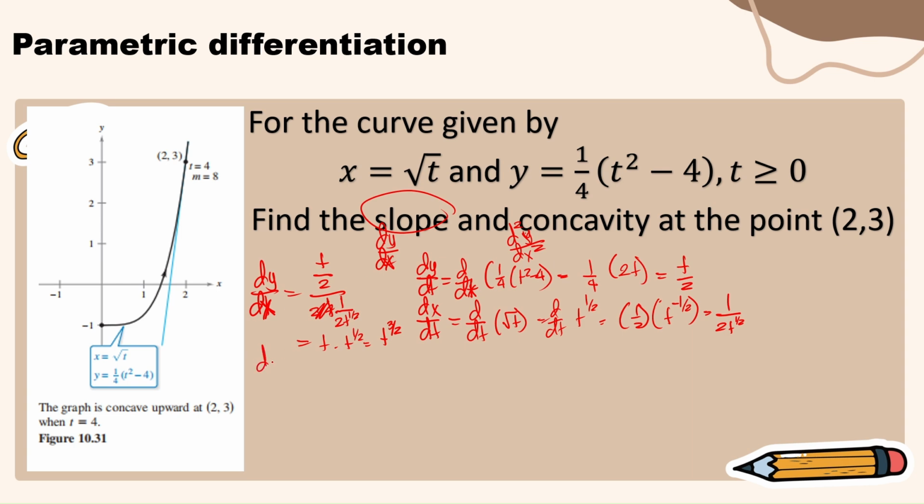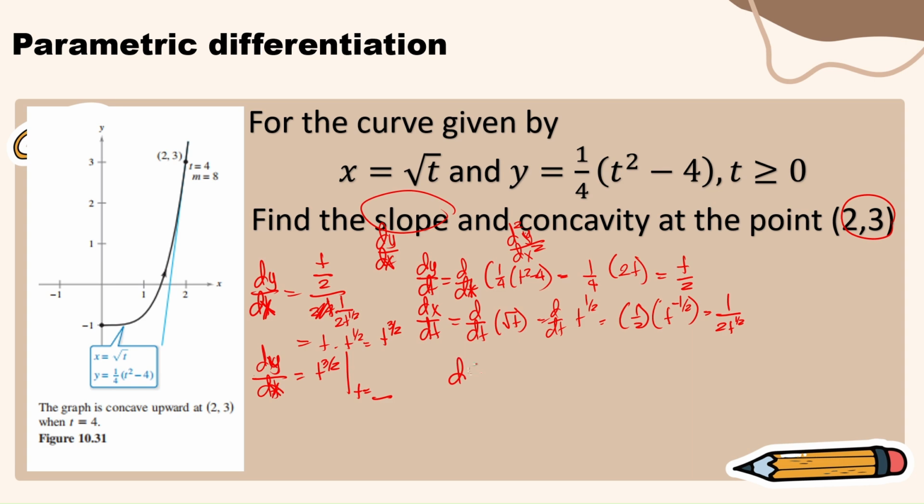Sorry, that will be dy over dx rather. Namamali tayo. So, ito rin yung gagamitin natin to compute for the slope. Pero mamaya na natin computing yung slope. Kasi to compute for the slope, we shall evaluate t raised to 3 halves at t is equal to something. Kaso hindi pa natin na-define ano yung value of t for the given point 2, 3. So, proceed muna tayo sa equation na gagamitin natin for the concavity.